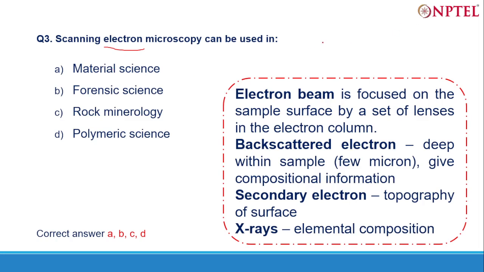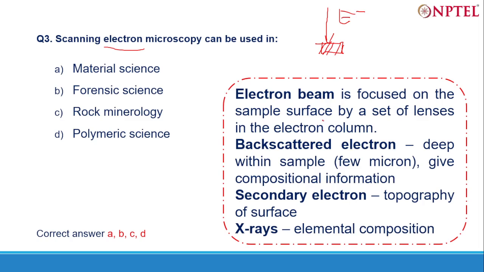So what we do, we have a sample, and we focus or bombard it with electron beams. Make sure that these beams are collimated, not scattered or dispersed.